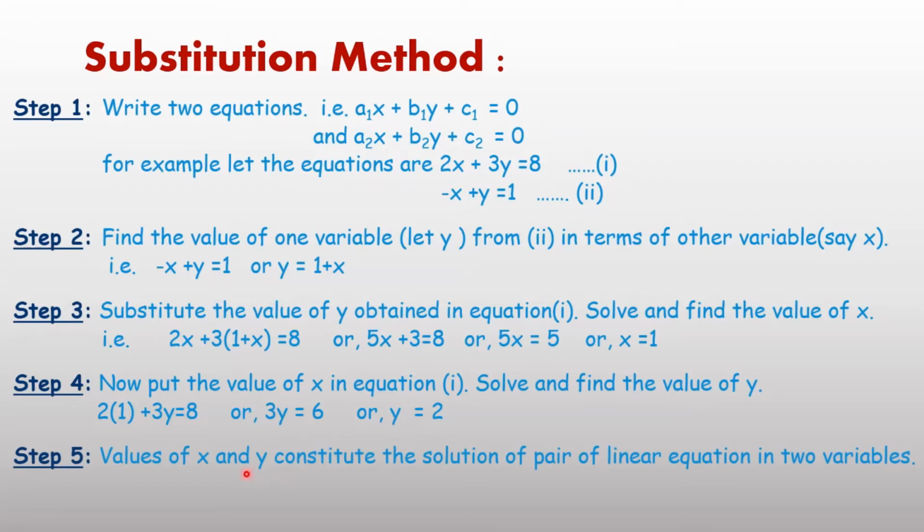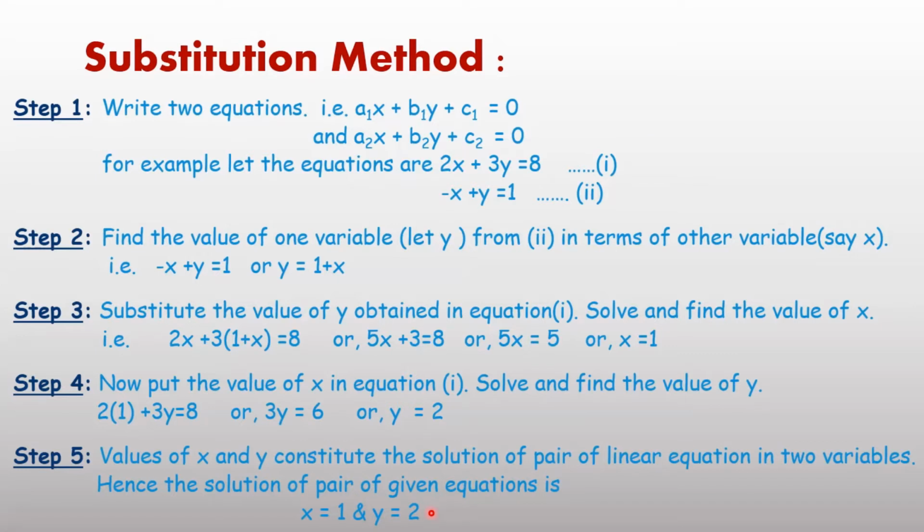In this pattern, the values of x and y constitute the solution of the linear equations: x = 1 and y = 2. This is the first method by which you can find the values of x and y. It is known as substitution method. Substitution means you find the value of x or y in terms of the other variable, substitute it in the other equation, and then solve it.